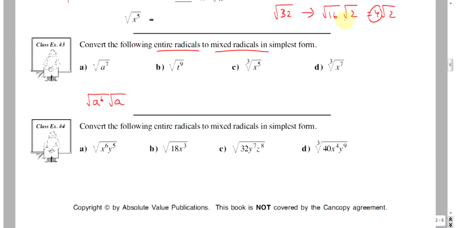So, square root. Again, it's not just, yay, root 16 is 4. You've got to understand what it means. There's a number multiplied by itself to give you 16. That number is 4. Is there something multiplied by itself to give us a to the 6th power?